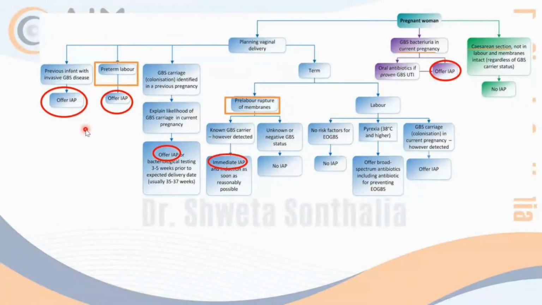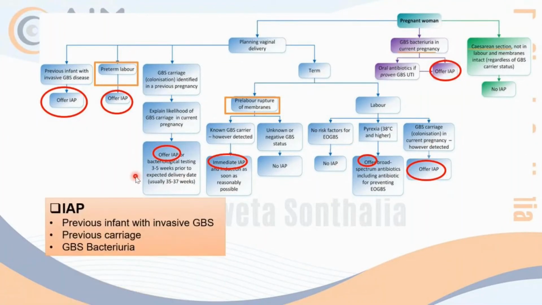You offer her if she at term comes with rupture of membrane and known carriage. At term she comes in labor and known carriage and pyrexia. So these are the situations where you offer them the prophylaxis. So just to reinforce it again, you will give for all previous carriage and invasive GBS and bacteriuria.